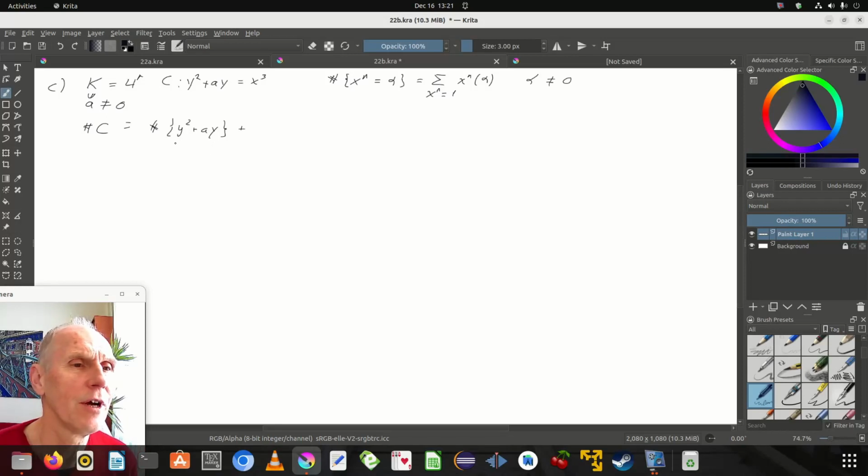So if the left-hand side vanishes, then x needs to be naught, and vice versa. That's just equal to alpha times the number of solutions to x to the third equals alpha.